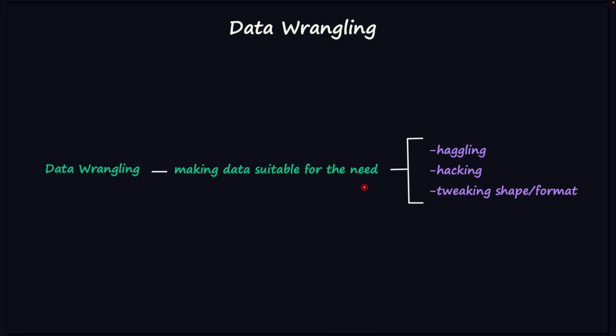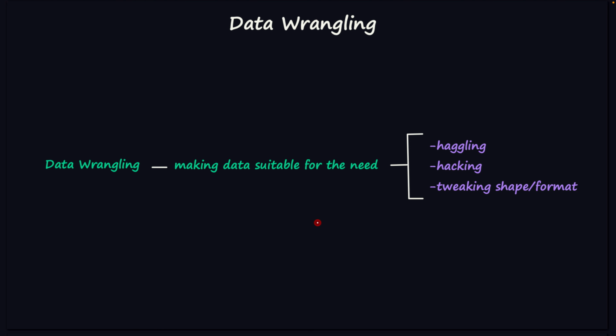Basically, data wrangling means do whatever you need to do to make the data suitable for a task at hand. This could be extracting some intelligence, or it could be for training a model, and so on. It could be for anything. So basically, you need to massage the data or wrangle with the data to make it suitable for the task at hand. That is what data wrangling means.